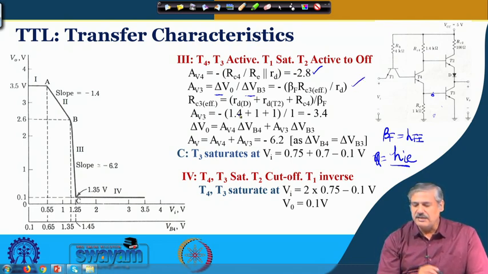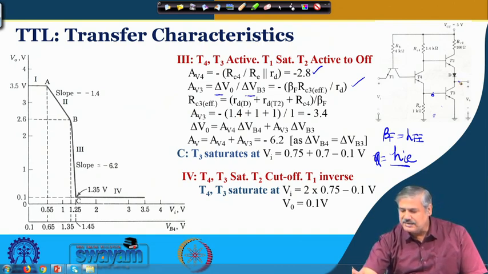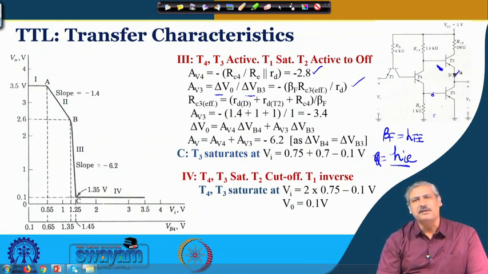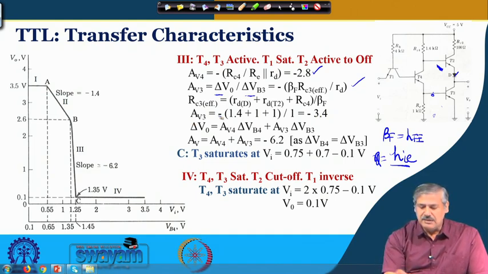Now, this effective RC3, how do you calculate? You calculate it as the resistance seen over this base emitter junction, the diode resistance, as well as this RC4 divided by the beta forward, which is the effective collector side resistance for this calculation, and if you substitute the values, it is minus 3.4.